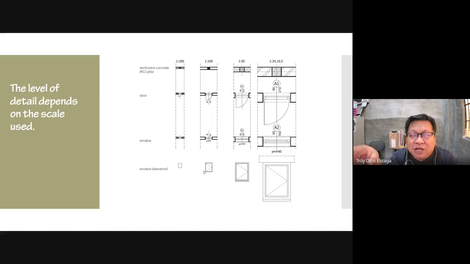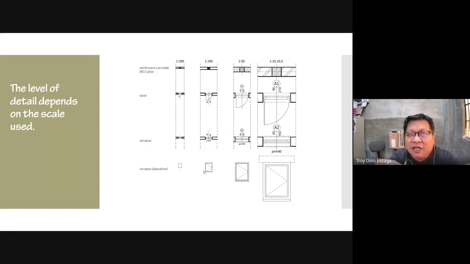But then when you have to print it also in a bigger scale, or the drawings are smaller, so all those details are still there. Okay, so you have to learn. There is actually a way in AutoCAD so that when the drawing is smaller, some details are not shown. But then you will have to learn it.